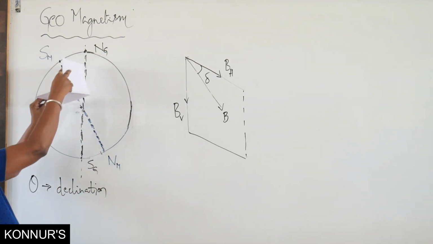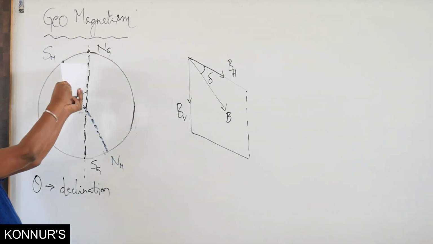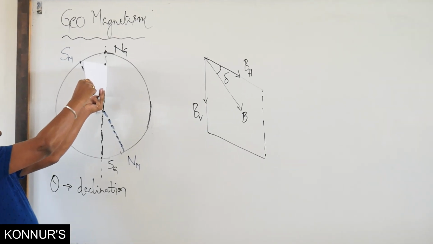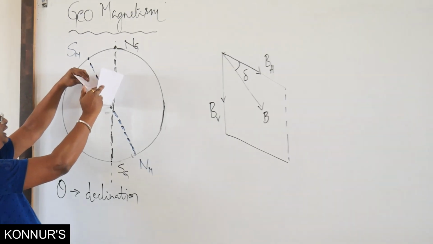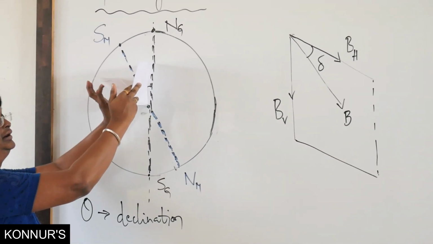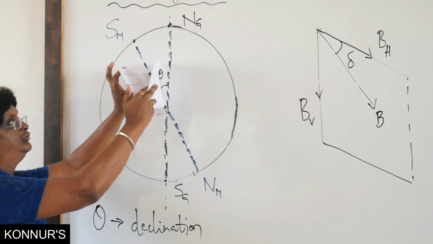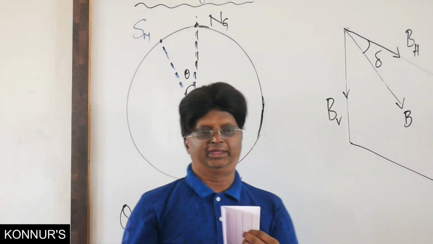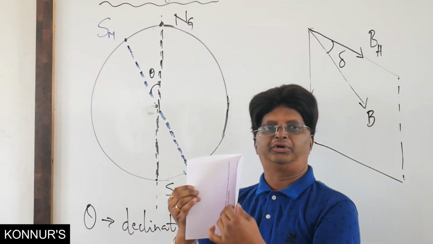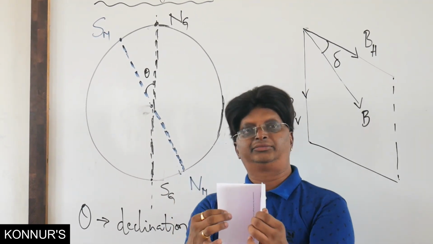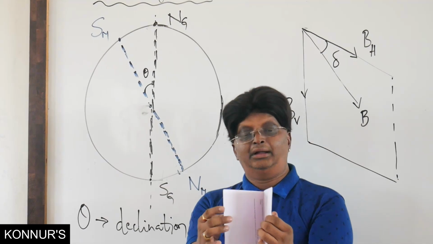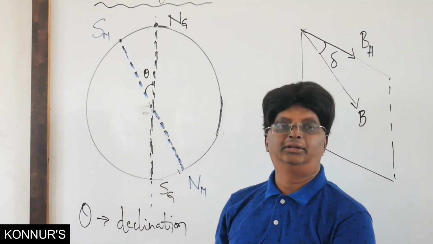Supposing this one is the geographic meridian, now I will take one more plane, and this becomes the magnetic meridian of the Earth. So this is what I have shown there. This is the geographic meridian, this becomes the magnetic meridian, and they are always at some angle.